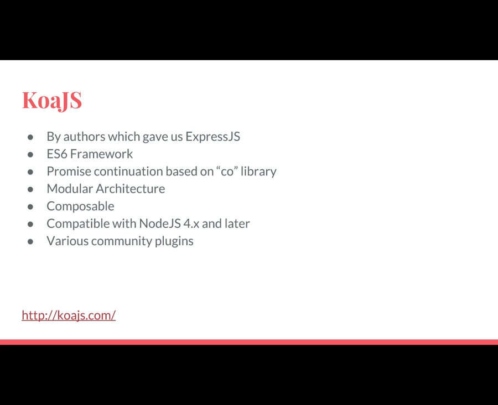They have modular structures and all different kinds of plugins in their community, which you can compose when you actually build the application. And it is compatible with Node.js 4.x because that's the very stable release which actually supports the yield keyword.